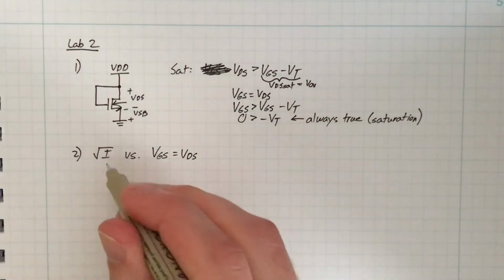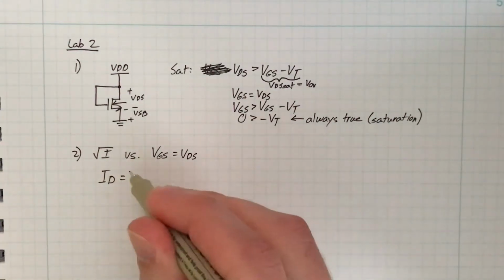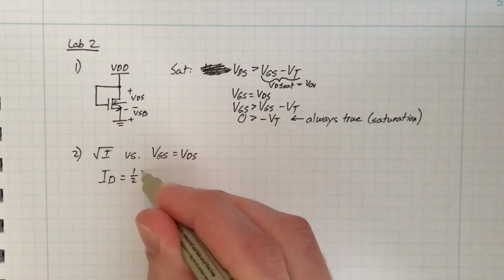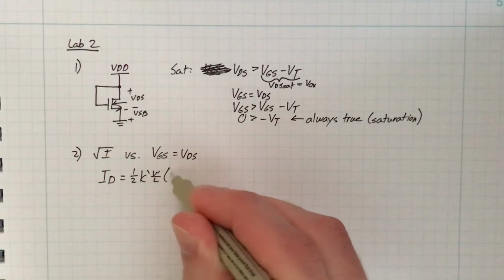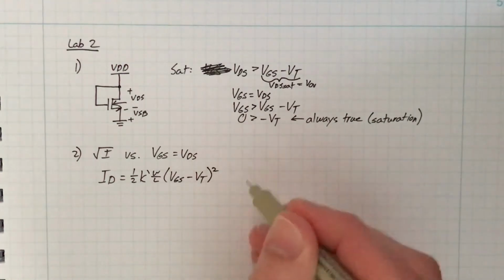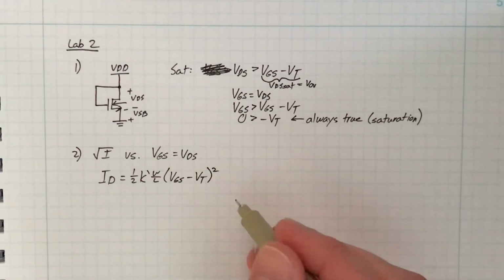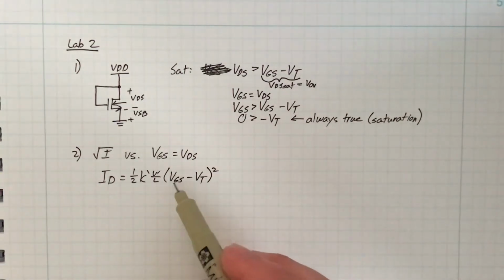So let's consider the saturation current equation. ID is equal to 1/2 K prime W over L times VGS minus VT squared. And don't worry about the channel length modulation addition. We'll just focus on this.